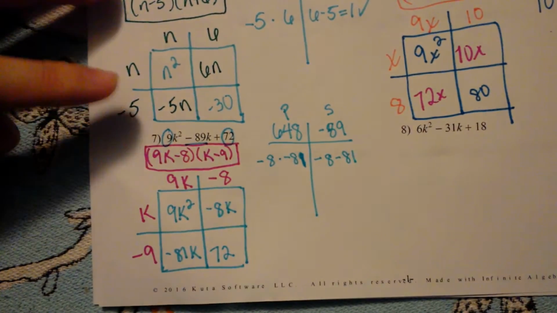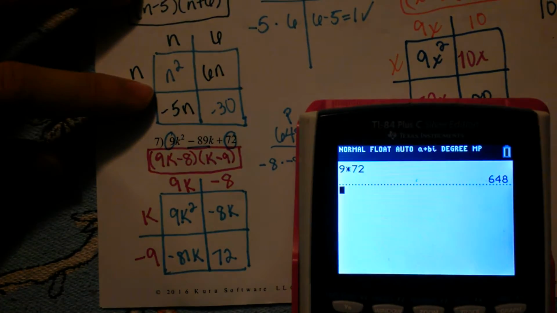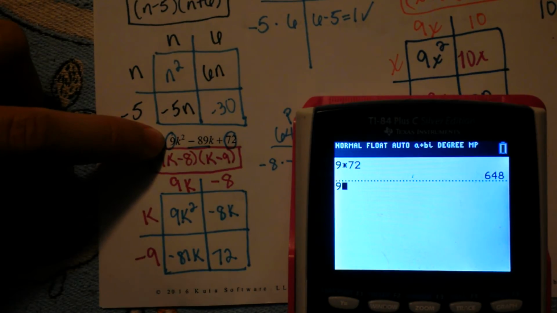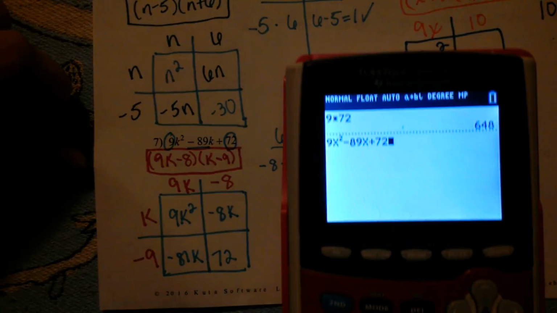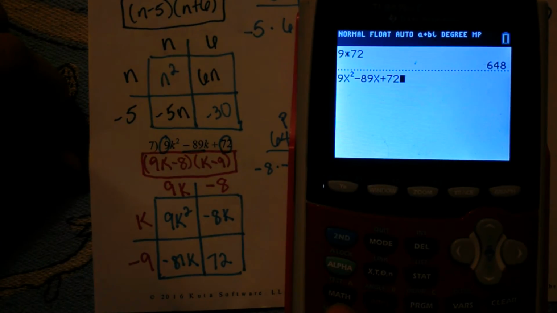And I showed y'all how to check yourselves in the calculator, but in case you forgot, you're going to type in what you got to start with. So 9x squared, and you have to use x instead of k, minus 89x plus 72. And then on the keyboard, it's above math, it says test in blue.